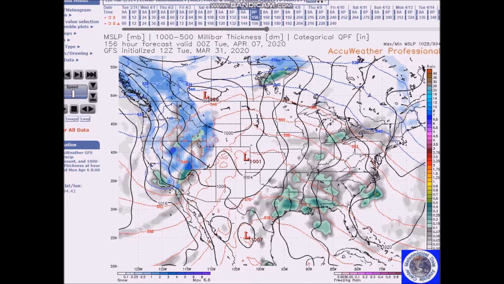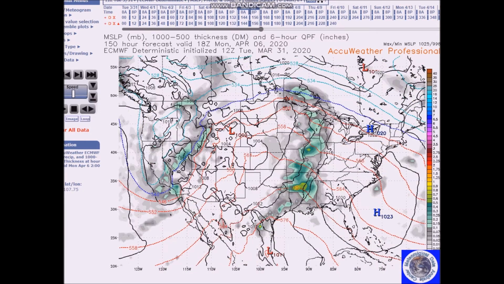See here. And then the next system will bring precipitation to a large portion of the west.